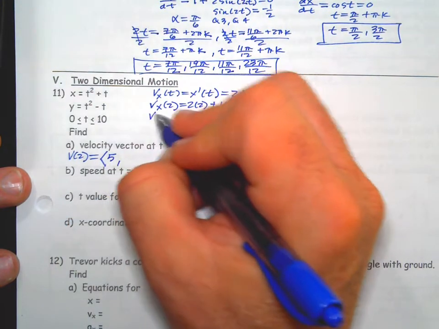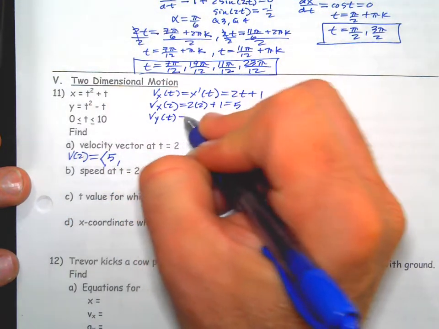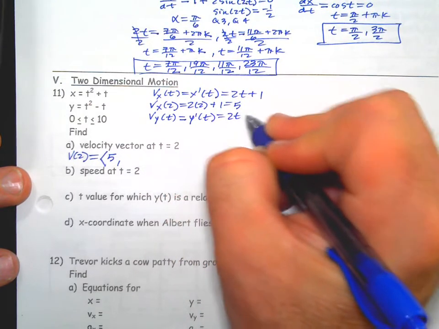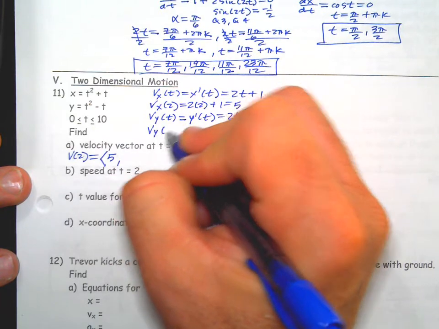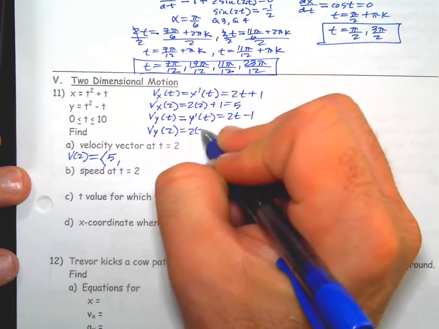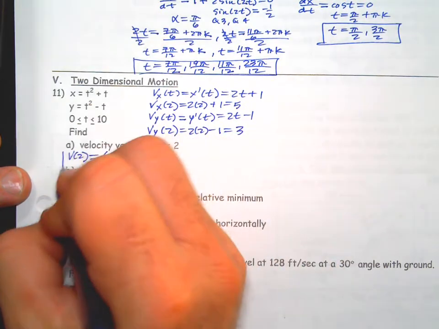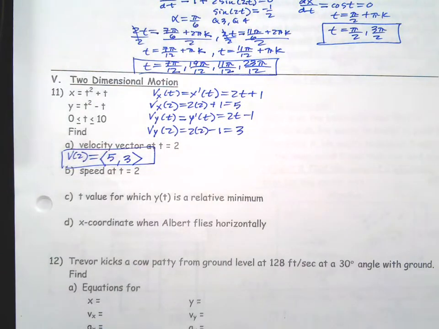And then Vy is going to be y prime, which is going to be 2t minus 1. So Vy at 2 is going to be 3. So that's your velocity vector.